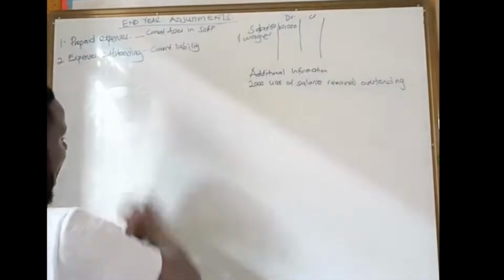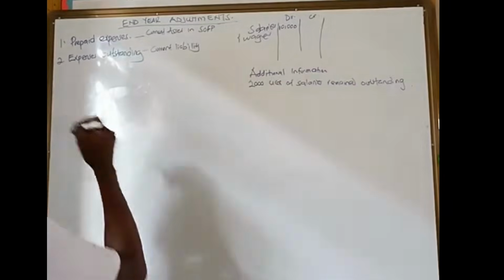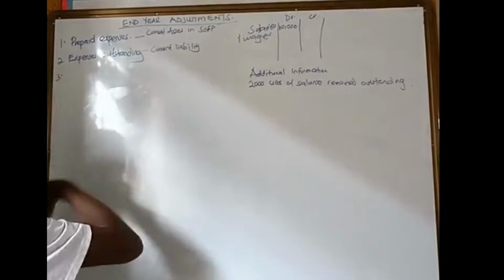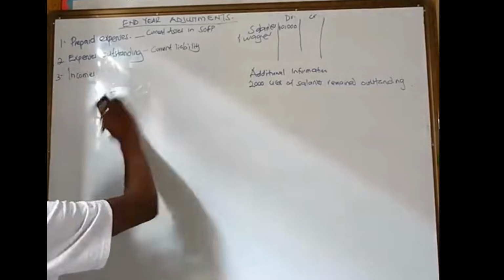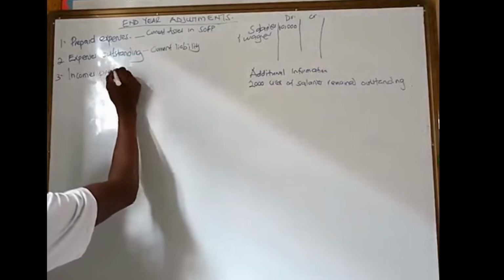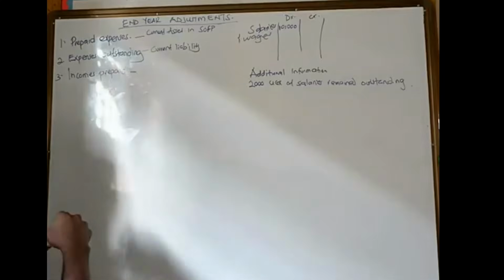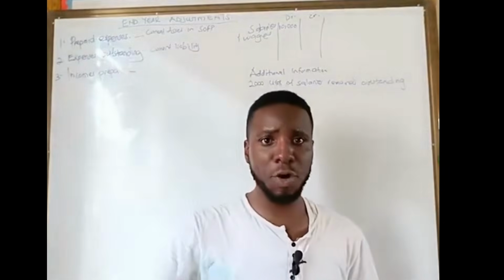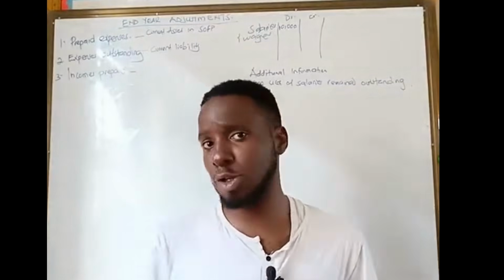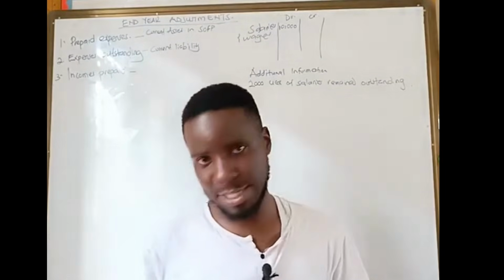Now, allow me to talk about something else. I'm done with expenses. Let me talk about the incomes. Incomes prepaid. When you are paid before delivering the service you are paid for, that's a liability.